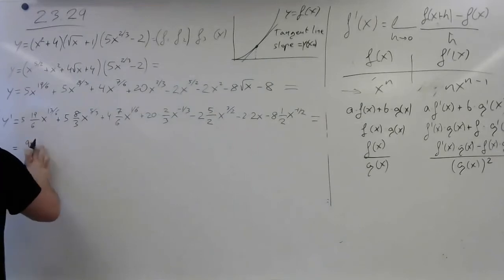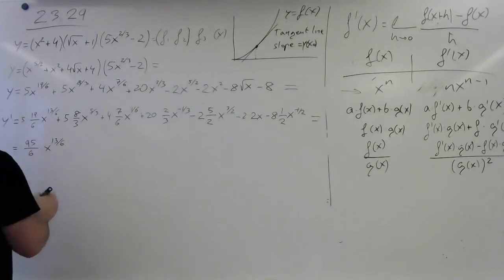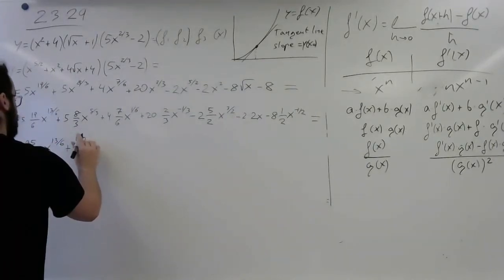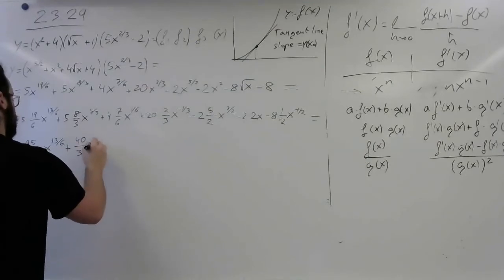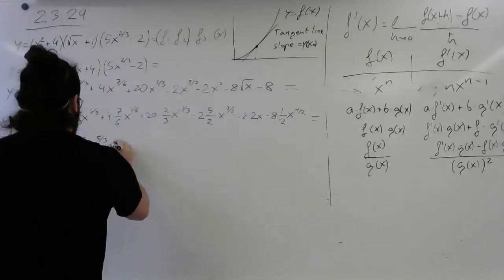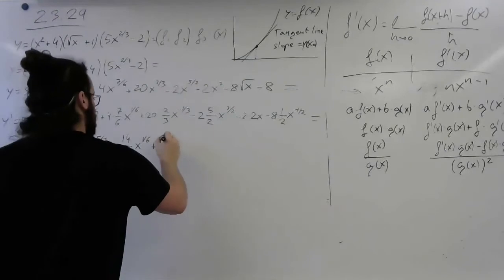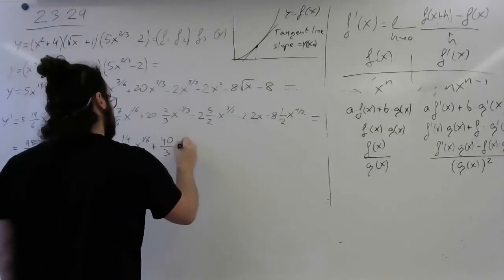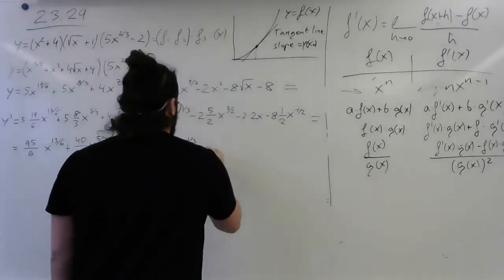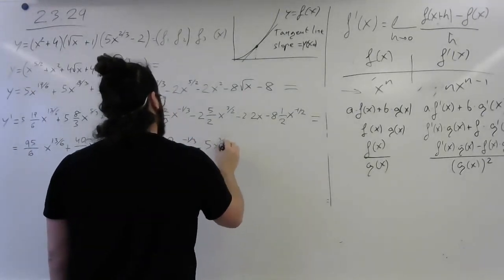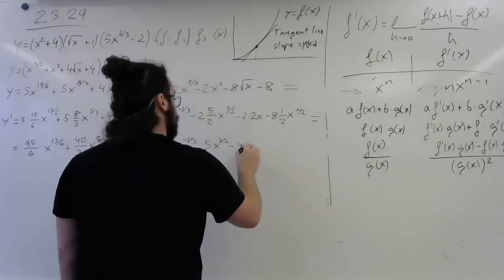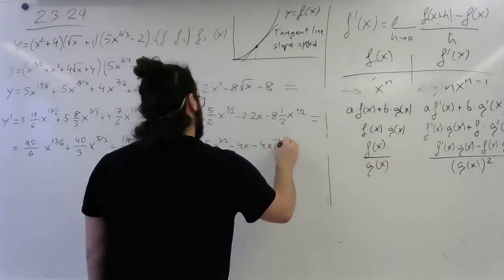So here we have 95/6 x to the power 13/6 plus 40/3 of x to the power 5/3 plus this thing over here plus 40/3 of x to the power minus 1/3 minus 5x to the power 3/2 minus 4x minus 4x to the power minus 1/2.